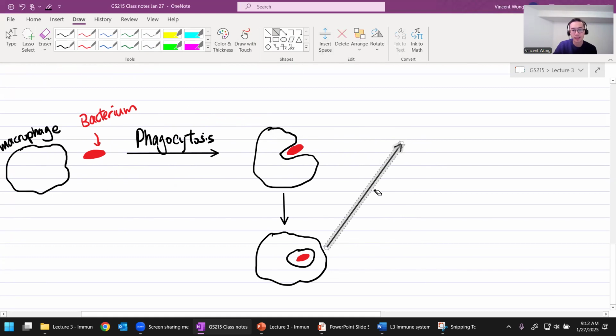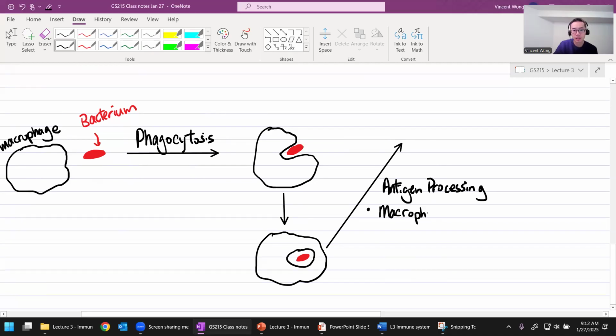Okay, next, it is going to do something called antigen processing. Antigen processing. I'll write down for you first.